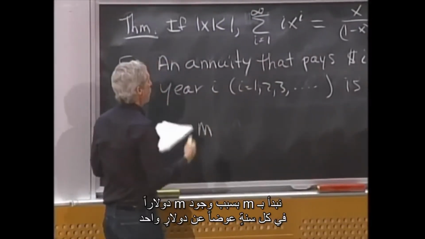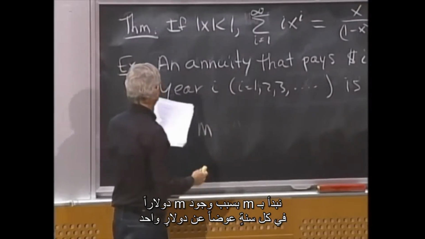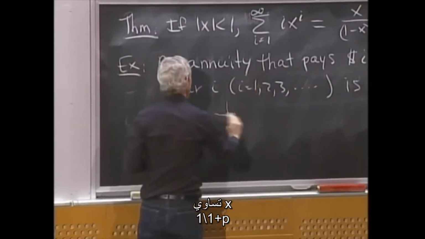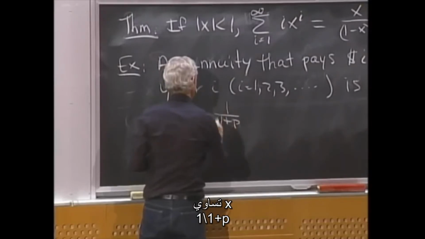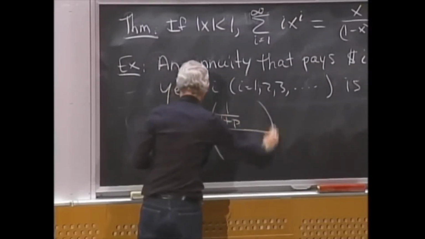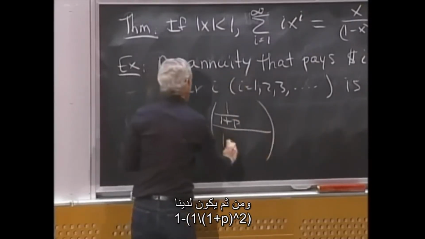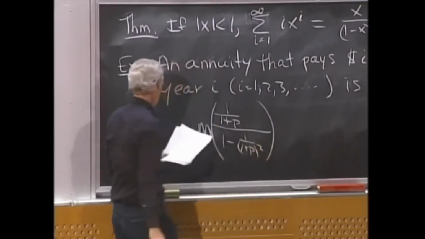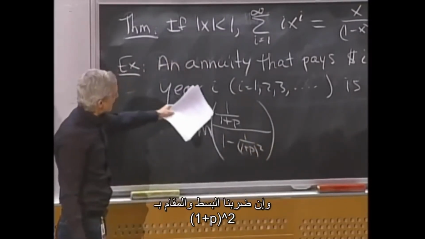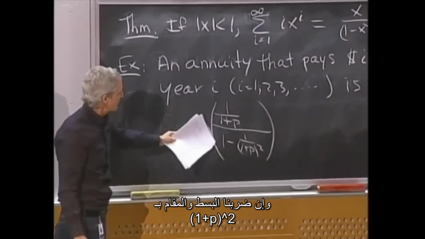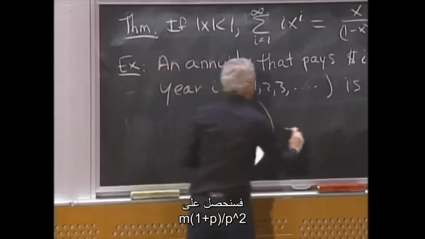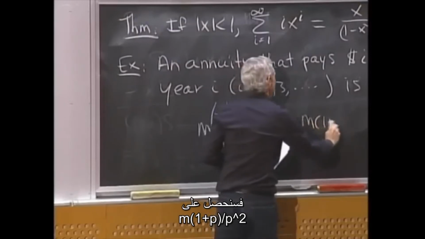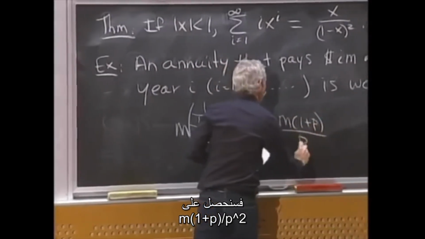Instead of $1 each year, it's m, so there's an m out front. x is 1 over 1 plus p. And then we have 1 minus 1 over 1 plus p, squared. And if we multiply the top and bottom by (1 plus p) squared, we get m(1 plus p) over p squared.